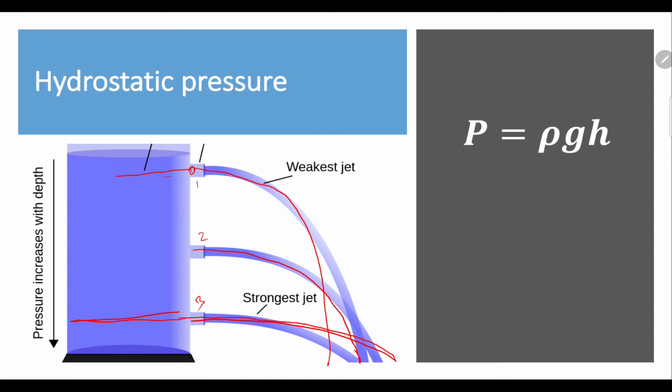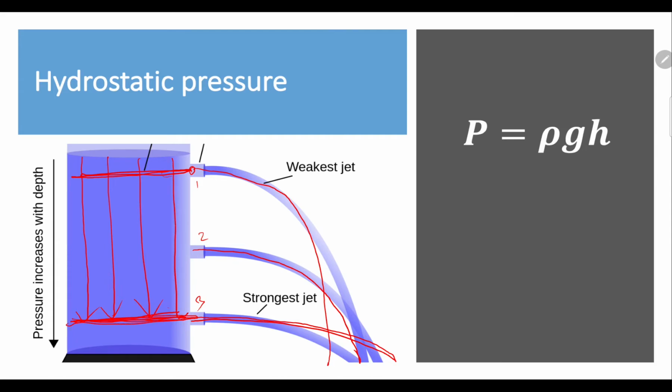So what is the reason that on the top it is coming with the weakest jet and the bottom is coming with the strongest jet? What is the reason, my dear people? The reason is there is a lot of water pushing at this particular layer of water.